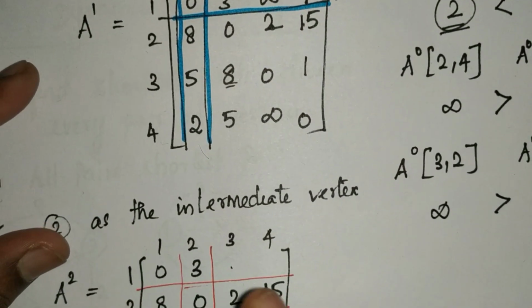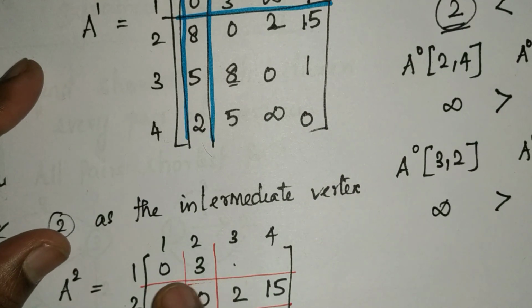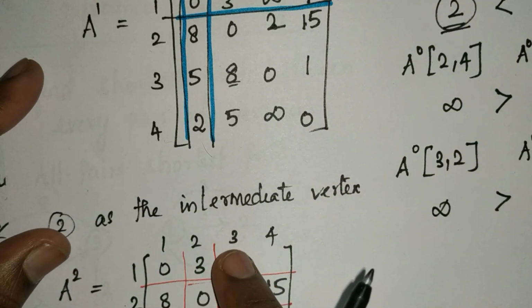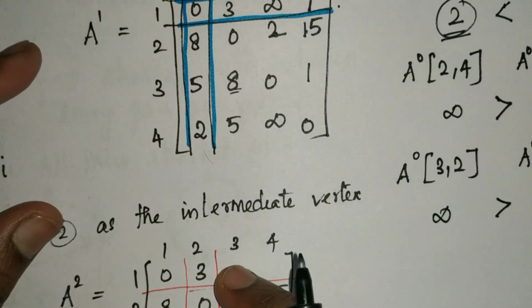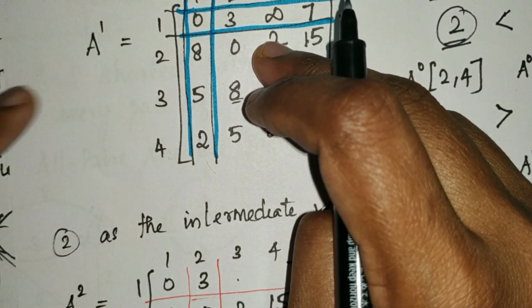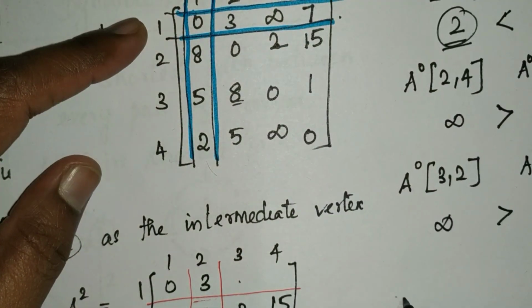Now we have to find A2 of 1,3. For finding this value, we'll check the previous matrix. Here, what is 1,3?